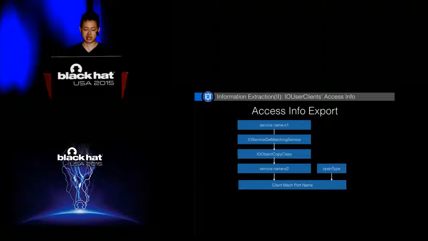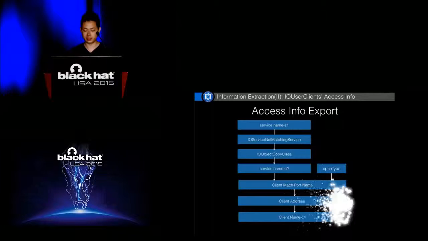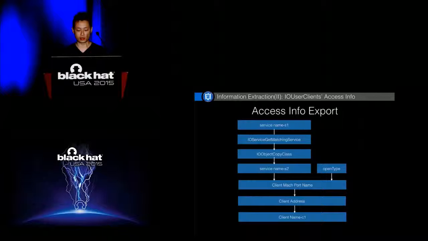If a client is opened successfully, then we retrieve the client name C1 in the kernel through the client mach port and client address. Now the triple C1, S2, open type is the access info we want to export. So with the access info, we can access a specific user client.